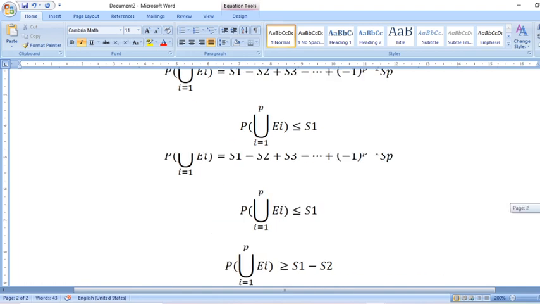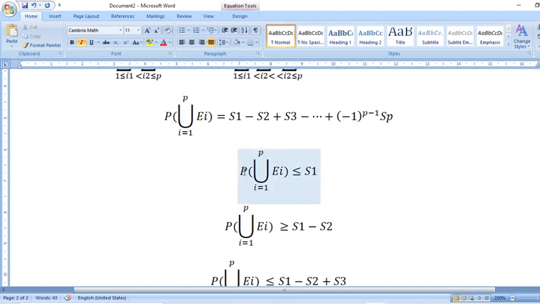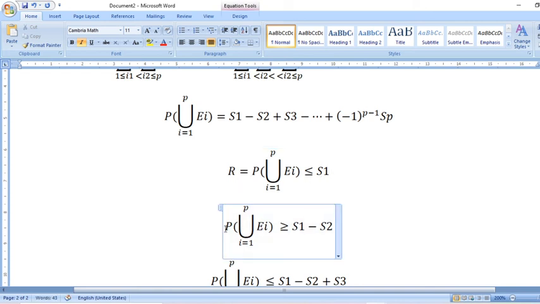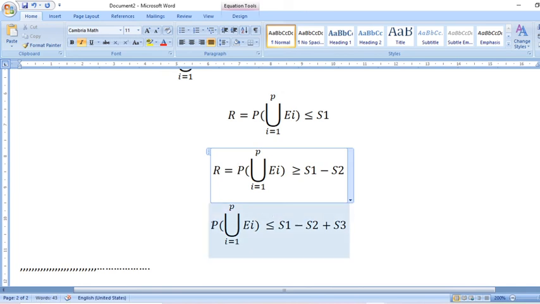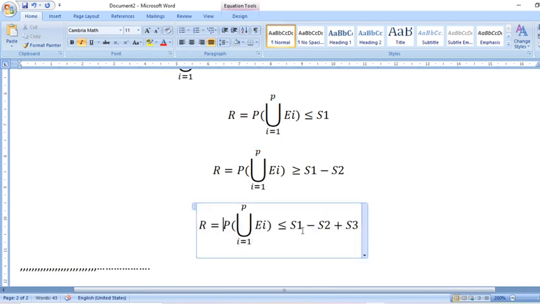So the last step we should have the inequality. So what is this? It is exactly the reliability of the system. So our reliability is less than, it is a bound for reliability. R less than or equal to S1. This is also reliability. At the same time, it is a lower bound. Okay, R is greater than S1 minus S2. This is also reliability. At the same time, this is another upper bound.